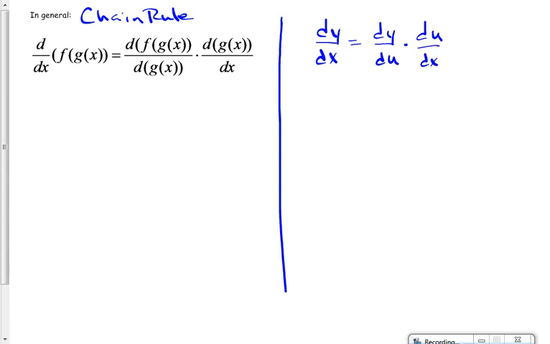One of them is traditional function composition notation. The derivative of a composition f of g of x is the derivative of f with respect to g of x times the derivative of g with respect to x.